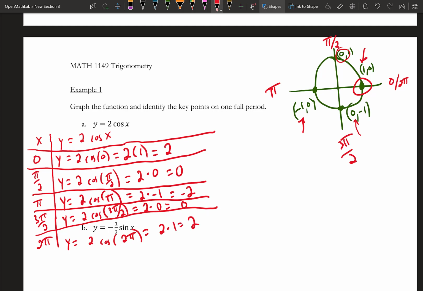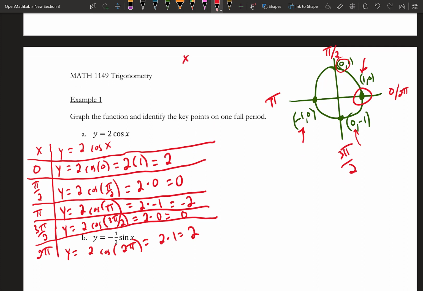So in other words, we get 0, pi over 2, pi, 3 pi over 2, and 2 pi. So I can make this t-chart. I'll make this a little cleaner. So this would give me 2, 0, -2, 0, +2.